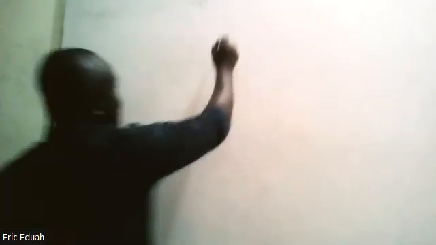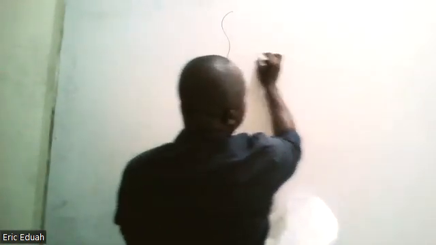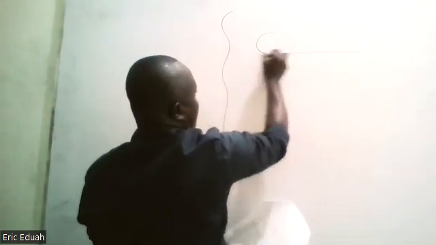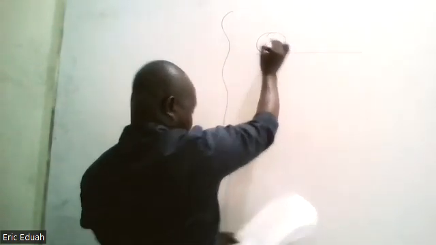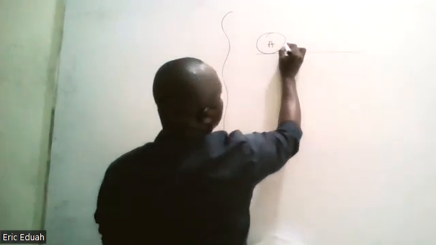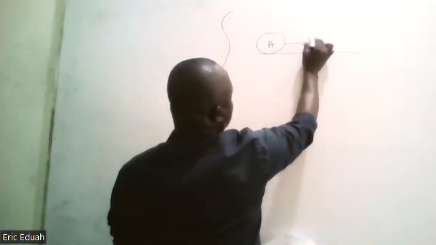in answering this. So we have two masses, A and B. Mass A moving with an initial velocity UA.